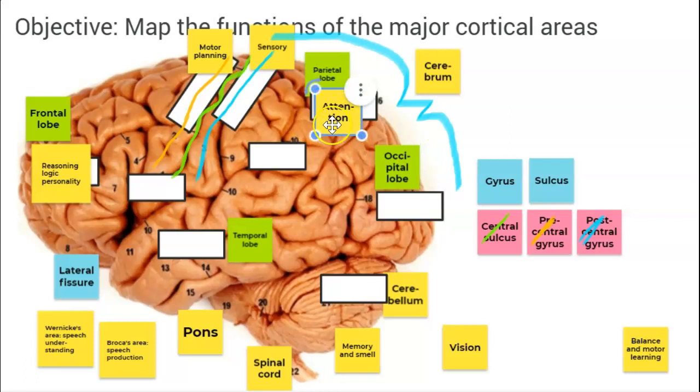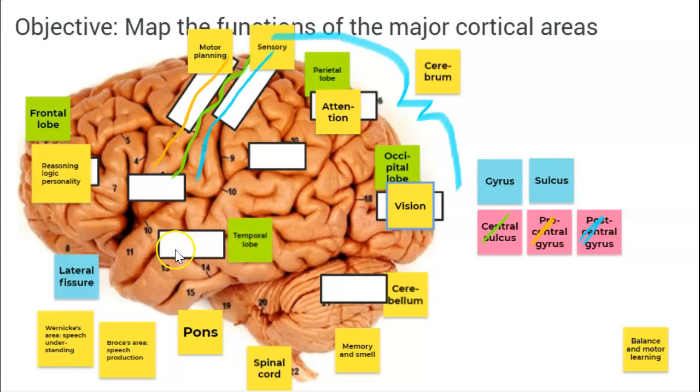But we'll do attention and location for the parietal lobe here. Now the occipital lobe is one of the ones that's really mainly concerned with one type of processing, and that is vision. So the occipital lobe is going to process visual input to help us create a visual representation of the light information that we're seeing from the world.